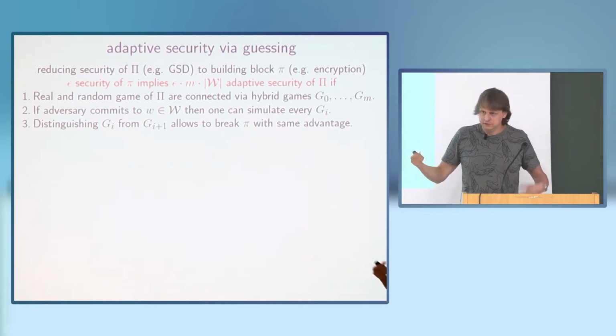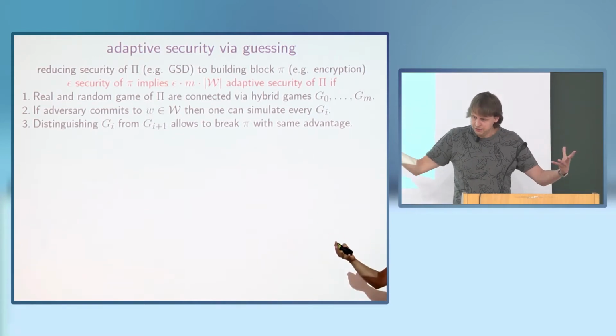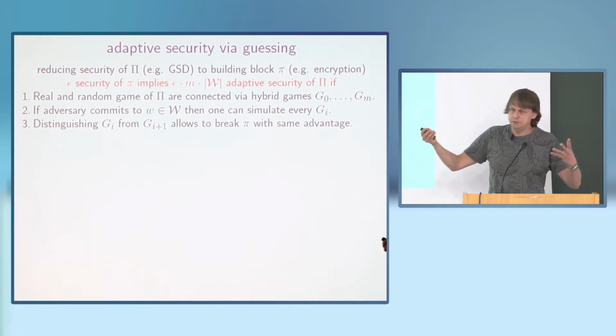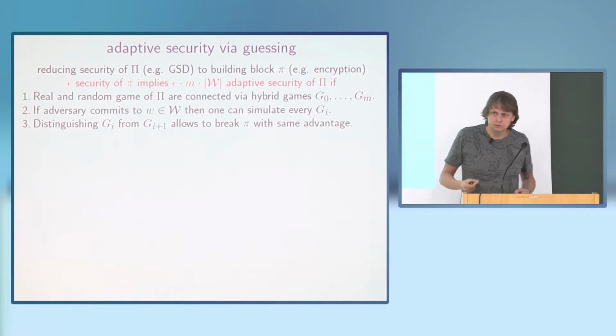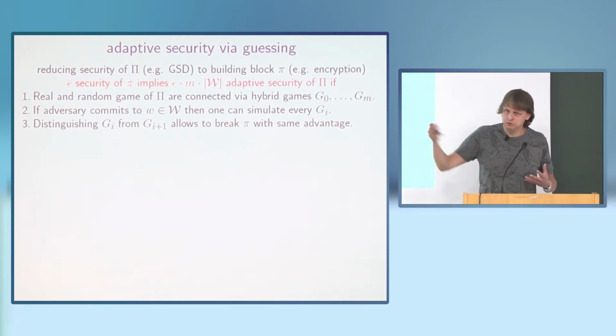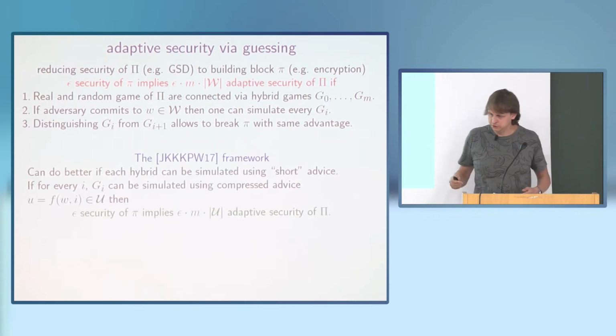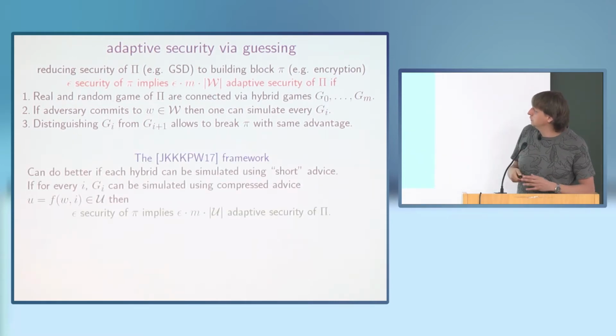So whenever the games are connected by m hybrid games, we can simulate each hybrid game given the commitment from this set W, and moreover, any distinguisher for 2 consecutive hybrids can be used to break the underlying primitive with the same advantage.